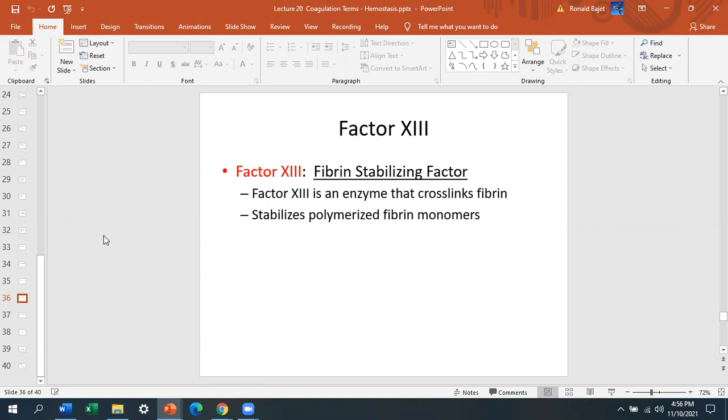If it doesn't heal properly and it continues to weep, that's a good indication that you have a factor 13 deficiency. I'm going to go over the factor 13 deficiency, but that's also called fibrin stabilizing factor. If you don't have that, then your fibrin clot in the healing process will not heal properly. Factor 13 is an important one.